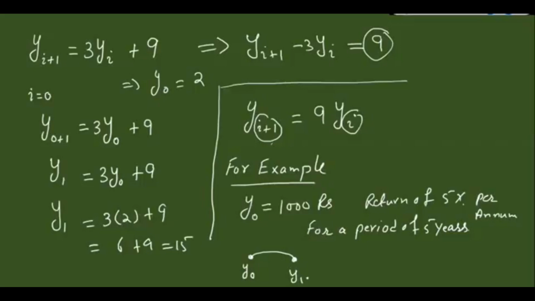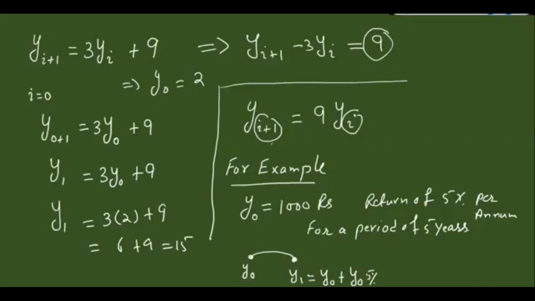How will y1 be obtained? The amount that you will gain is equal to y naught plus y naught times 5%. What I have to do is compute the 5% of y naught, because 1 year has passed.